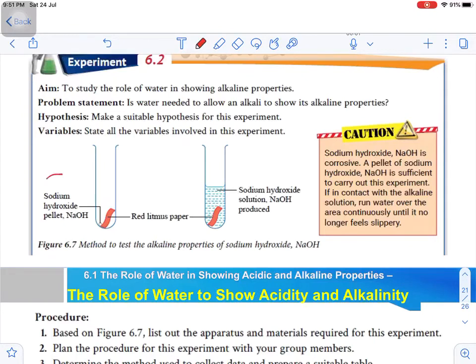Here we have sodium hydroxide pellets. Then we add red litmus paper and observe the change. Then we add water into the test tube, shake well, and observe the change of the red litmus paper.